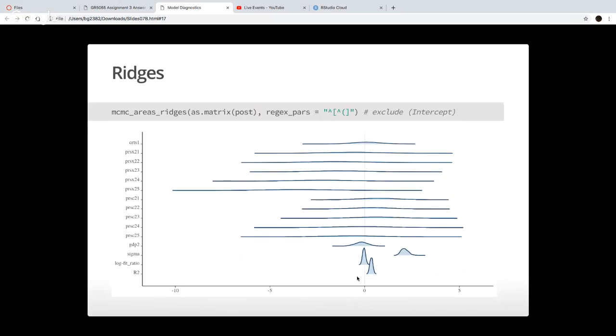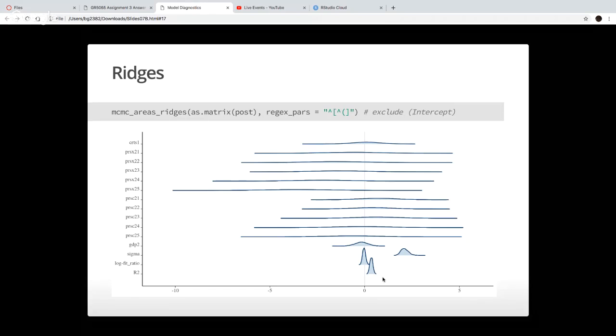These ridge plots are very popular these days. They're another way of assessing how concentrated the posterior distribution is, which is not at all for most of these variables, but for GDP it's a little bit better, and R squared obviously is bounded between 0 and 1.